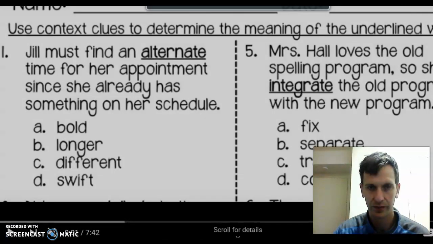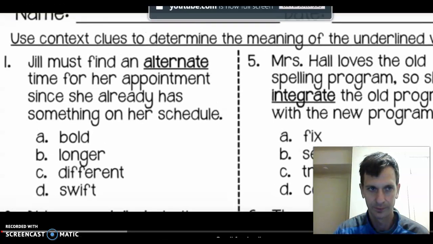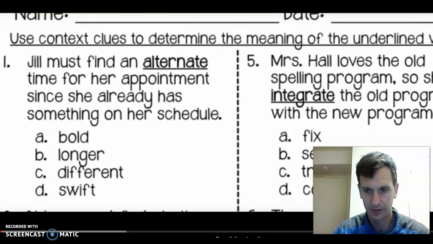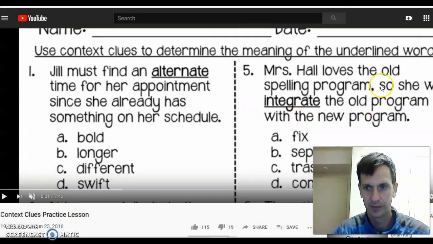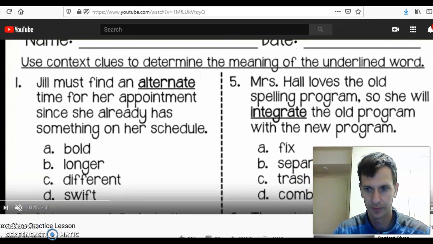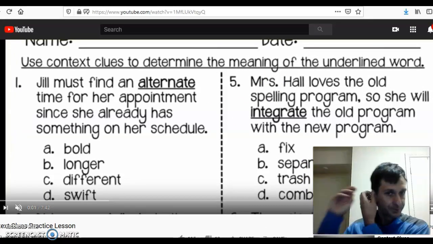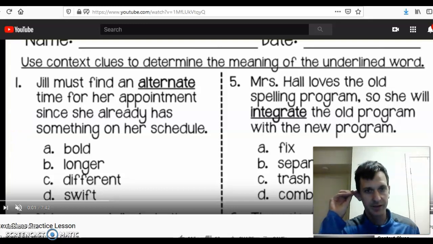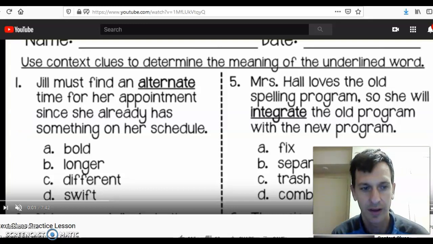Actually, let's go full screen. Full screen is not going to work. It's not going to show me enough. So we'll just do this. There we go. So we're going to use context clues to determine meaning, and we're just going to go through how we're going to do this. Let's take a start.